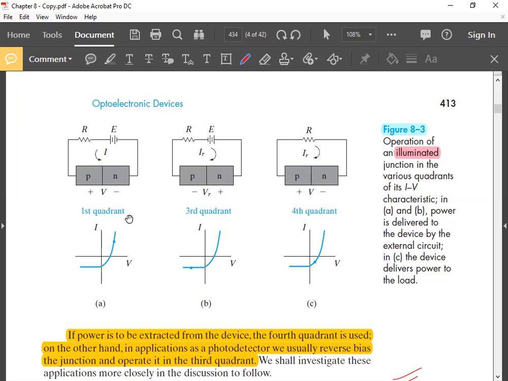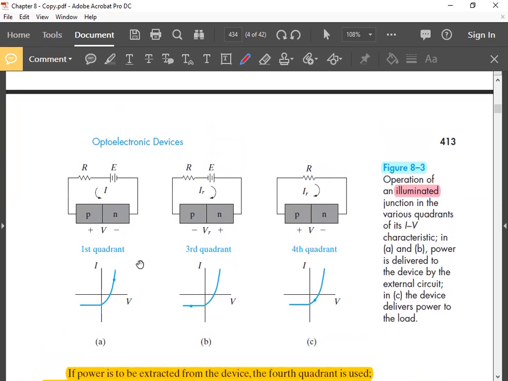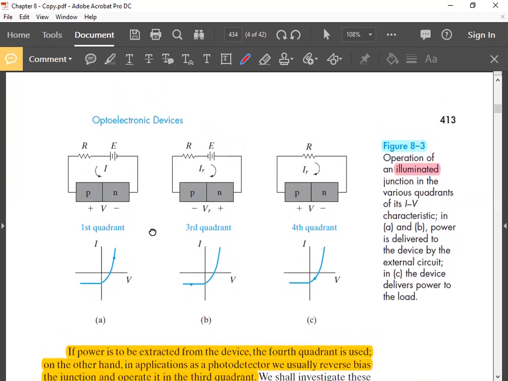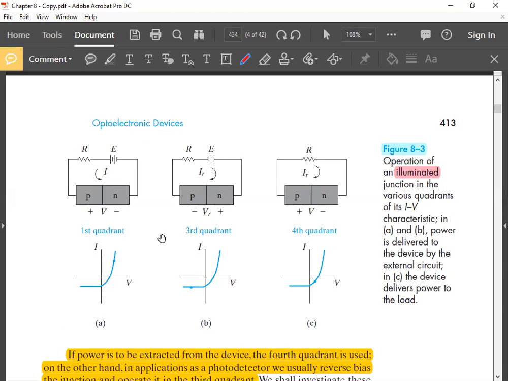First quadrant operation: if you forward bias the PN junction, of course you have to put a current limiting resistor. Current will be positive, from P to N. The portion of the external voltage appearing across this forward biased PN junction is V, with polarity plus on the P side and minus on the N side.